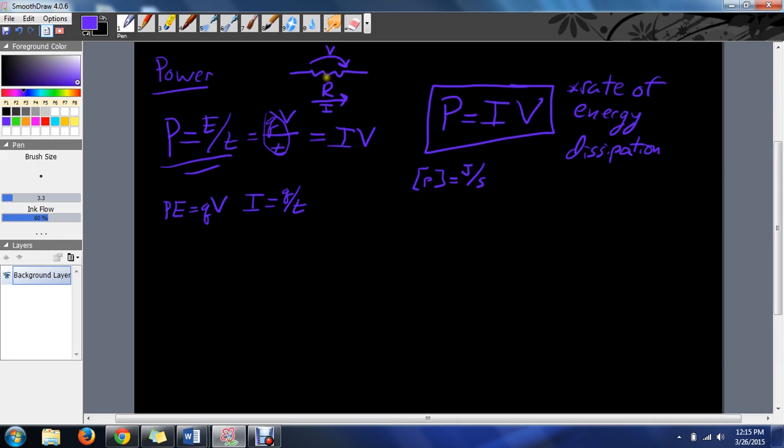Remember, a resistor is like a light bulb or a speaker, transforming this electrical energy into some other form, into light energy or sound, something else. So we measure the rate at which that energy is transformed or dissipated by watts.